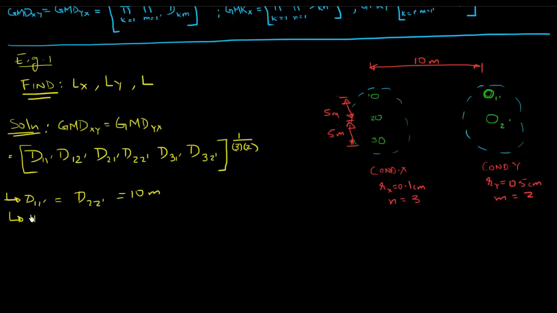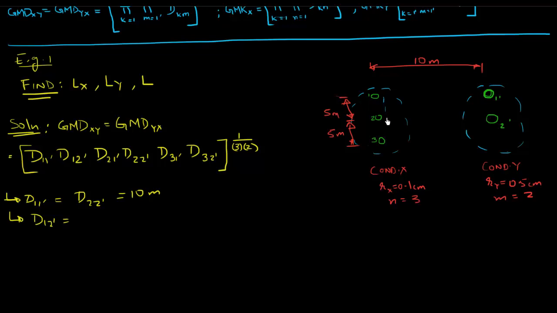The second one is d of 1 to 2 prime. This distance is going to be the same as d of 2 to 1 prime, as well as that's going to be the same distance as d of 3 to 2 prime. Do you see why that is? This is nothing but a right angle triangle, right?